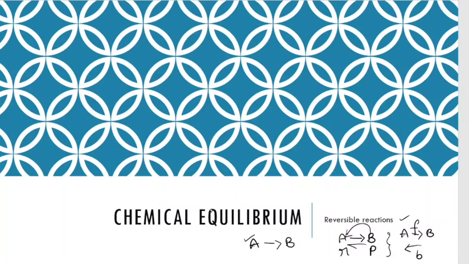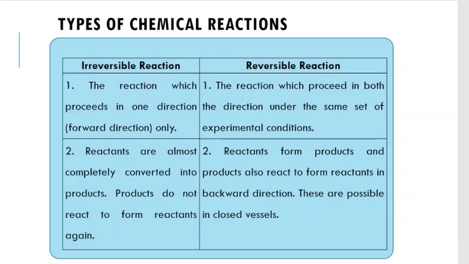Before getting into the details about equilibrium, let's differentiate between the irreversible reaction and the reversible reaction. Now check this one. An irreversible reaction takes place only in one direction, the forward direction, right?